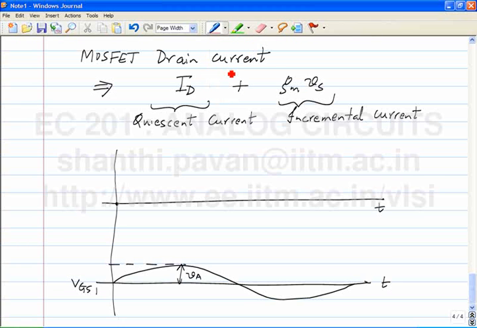It will be riding over an average value of ID. Okay, it's the quiescent value plus the incremental value. The incremental value is a sine wave. So is this ID in phase with Vs or out of phase with Vs? It's in phase with Vs. So it will do this.